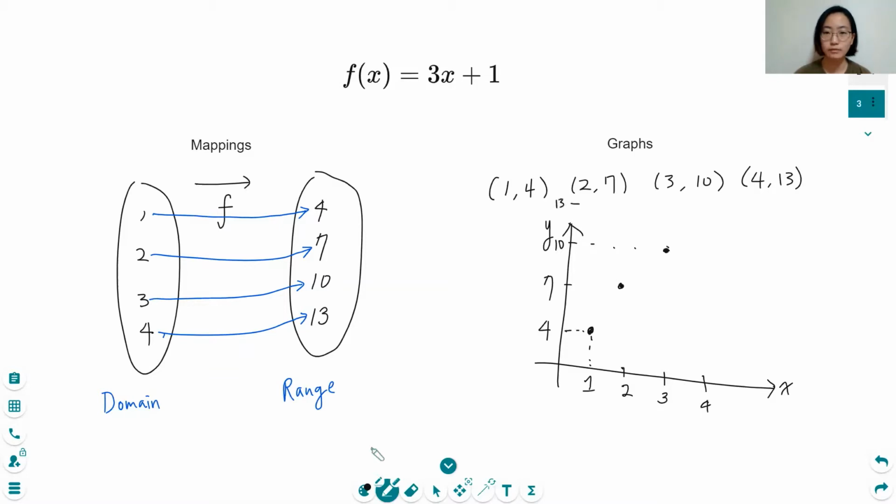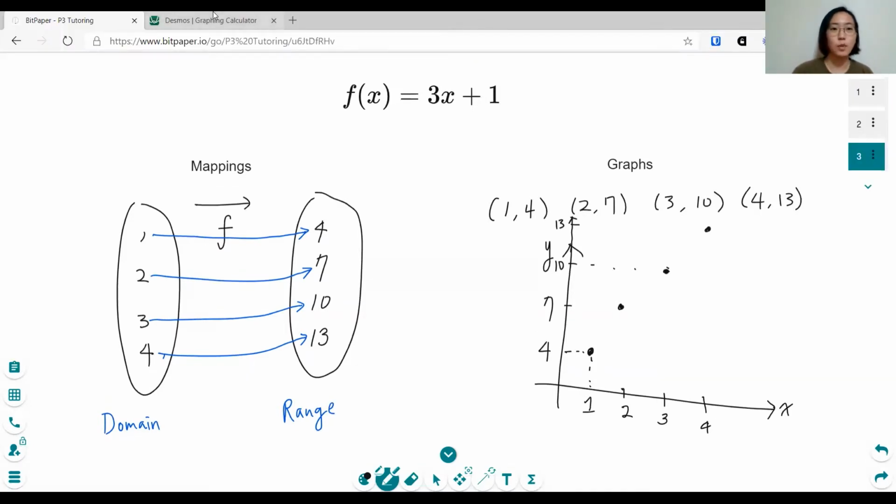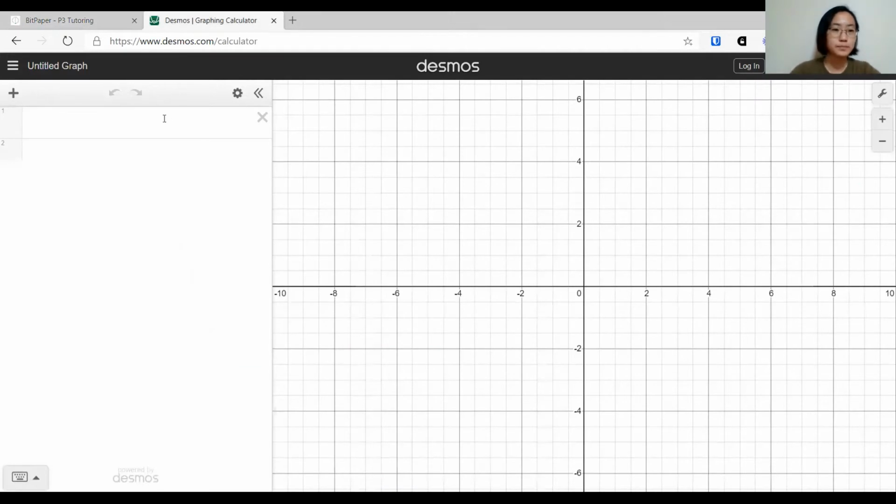Okay, I need more space, but it would be around here. And so these 4 dots essentially are saying the same thing that this mapping is saying, and it represents this function.